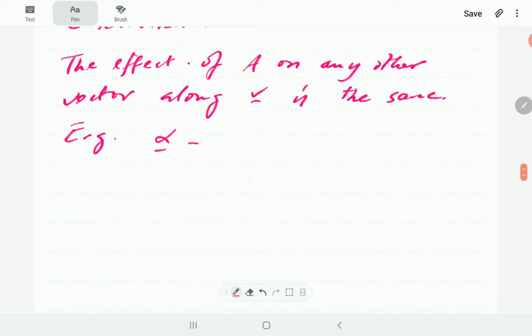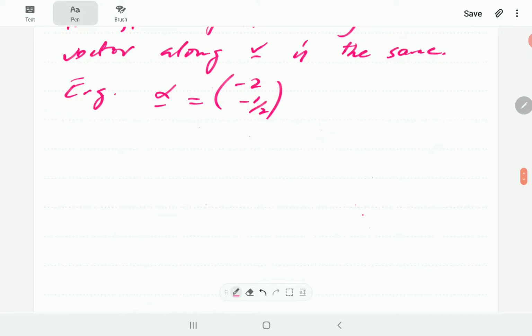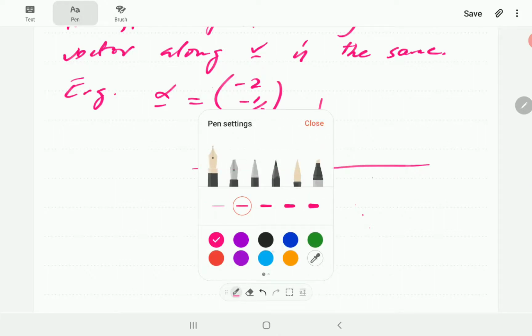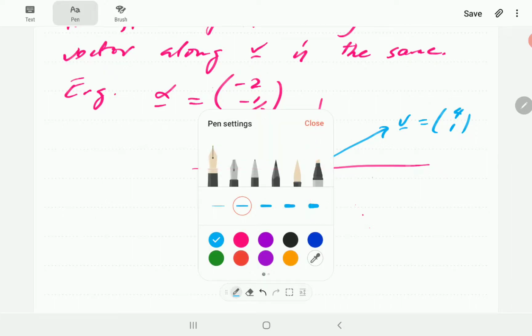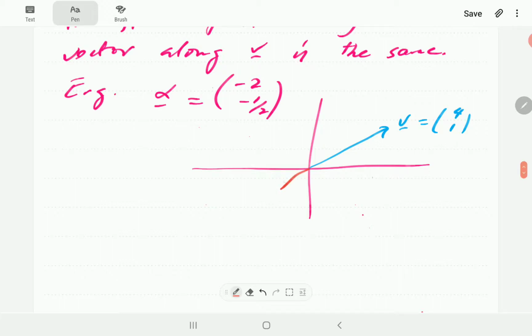For instance, here, suppose we've got a vector alpha. Let's take it in the opposite direction of V. So this vector alpha has got this relationship with V. So if V is going this way, so remember V is 4, 1, then that vector alpha is going this way.